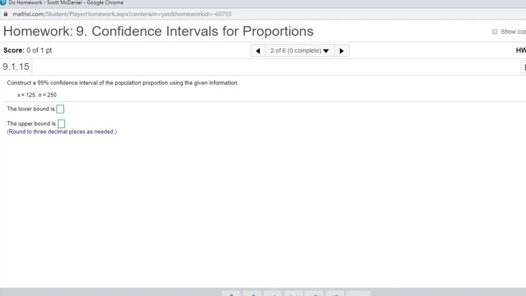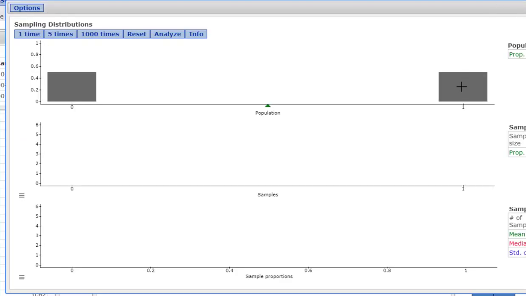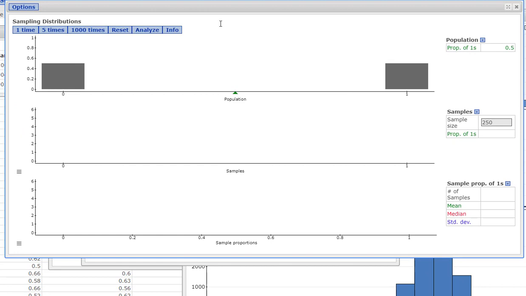But I know there's a little bit of error here, right? Because different samples are going to produce different p-hats. Let me briefly show you what I mean. I've pulled up the sampling distribution applet in StatCrunch, and I have my proportion as 0.5, sample size of 250.